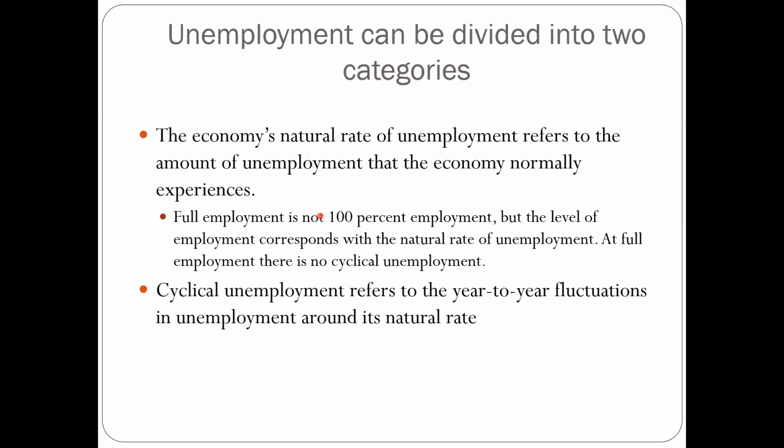This means that we can have some unemployment percentage. But at the full employment point, we only had the natural rate of unemployment. We don't have cyclical unemployment. Cyclical unemployment refers to the year-to-year fluctuations in unemployment around its natural rate.